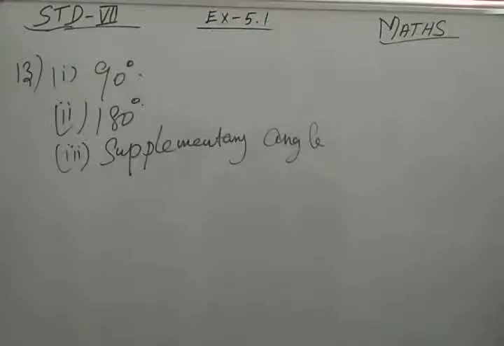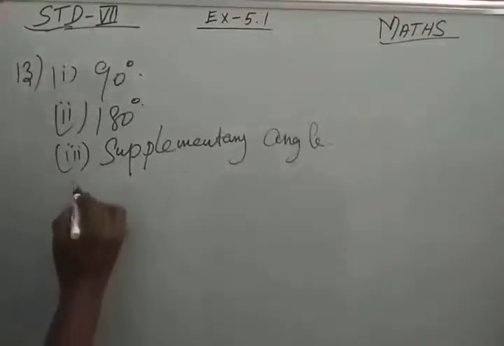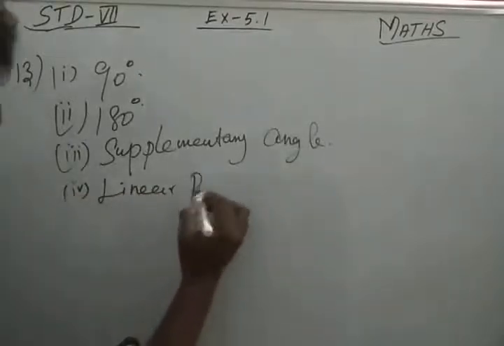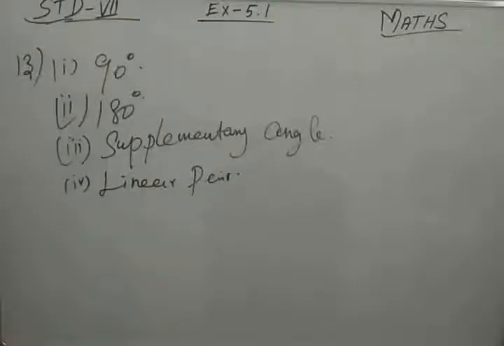Then the fourth question they have asked. If two adjacent angles are supplementary, then they form a linear pair. That is a linear pair. Next, the fifth one.